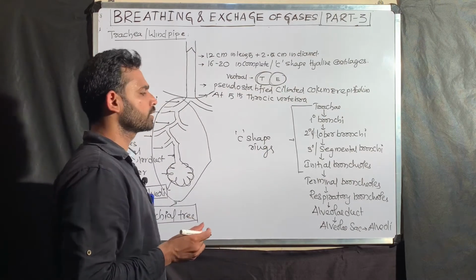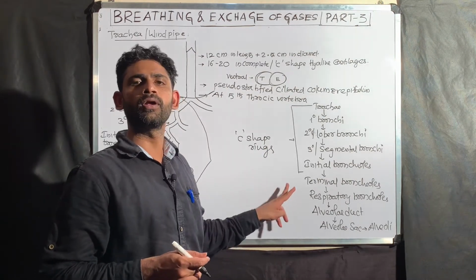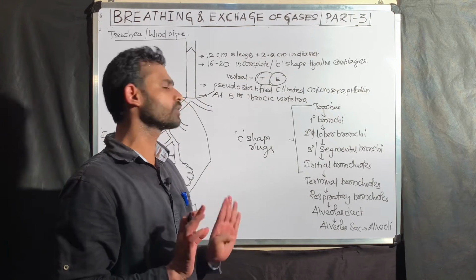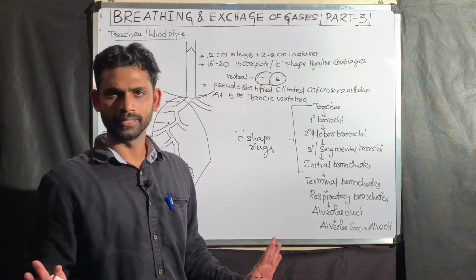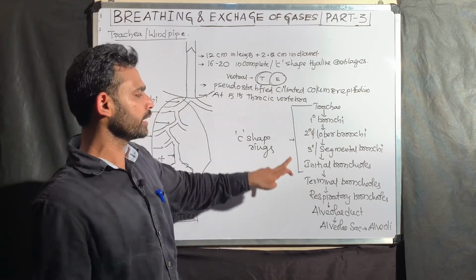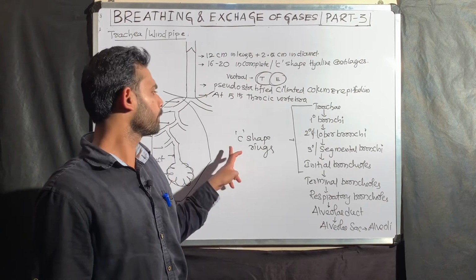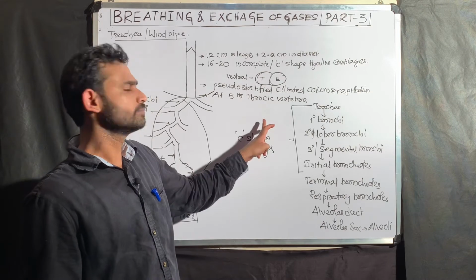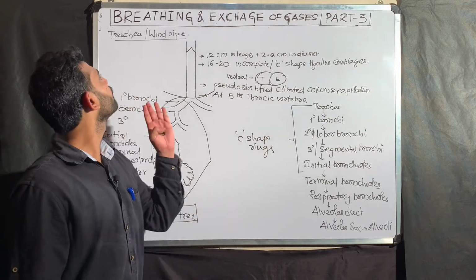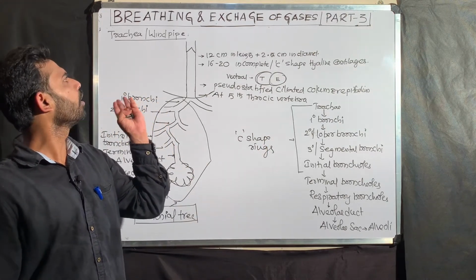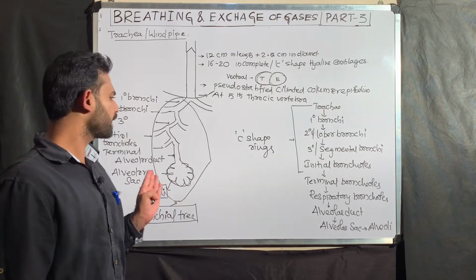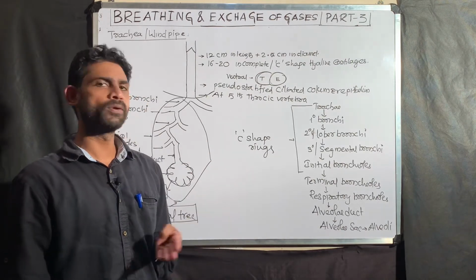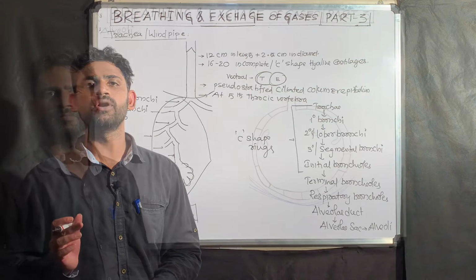That means from the terminal bronchiole onwards, there is a disappearance of the C-shaped rings. That is why from the trachea to the initial bronchioles it is supported by incomplete or C-shaped hyaline rings. This is about the trachea or windpipe. Next I am going to explain the detailed structure of the alveoli.